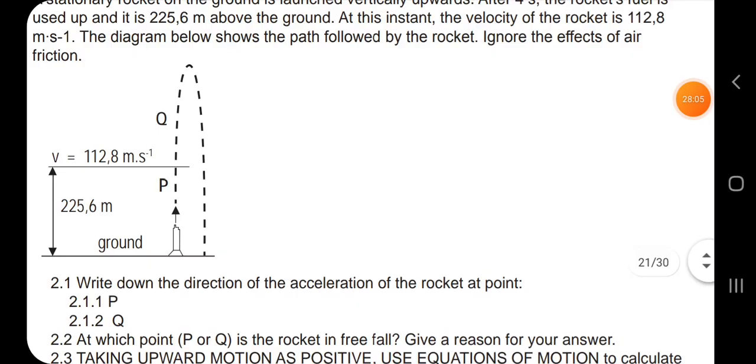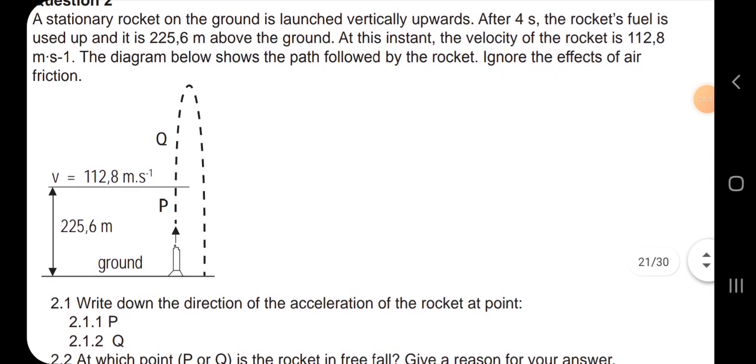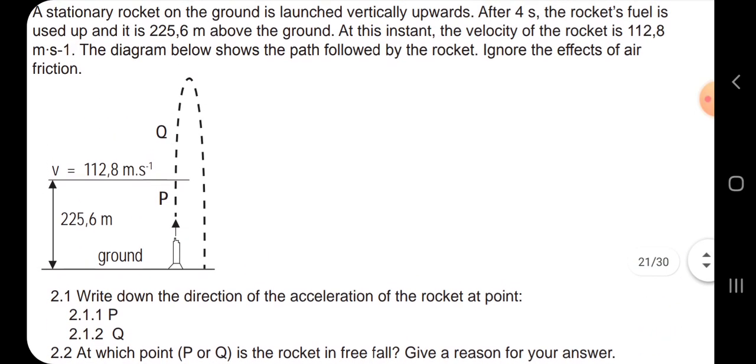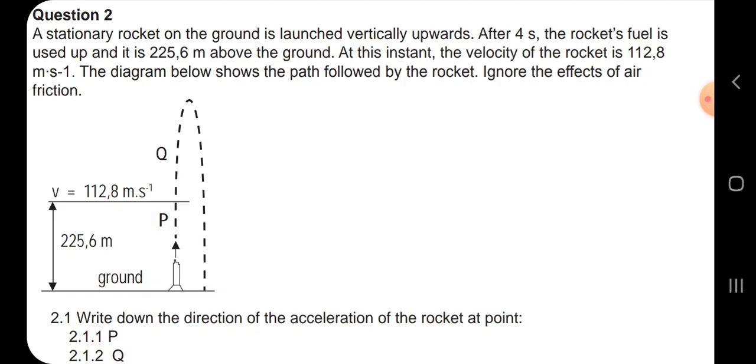So let's look at what we have. After 4 seconds the rocket fuel is used up, so we have the time, 4 seconds. We have the displacement when the fuel is used up, which would be negative 225.6 meters above the ground.